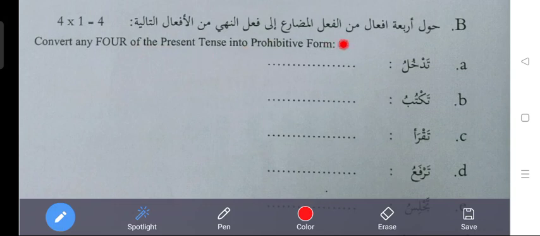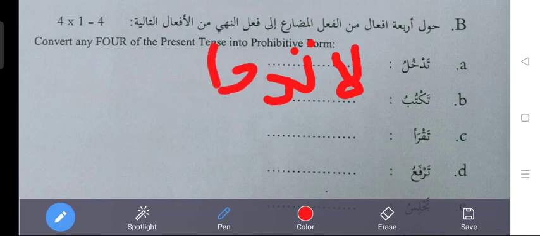Earlier he was asking us to convert present tense into imperative form, and in section 14b he is asking us to convert present tense into prohibitive form. How to convert this word into prohibitive form? Just we have to prefix lam alif, then we have to copy the remaining letters. Give jazm on the last letter.